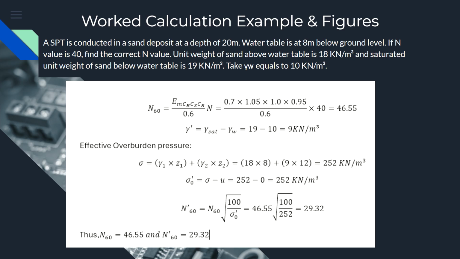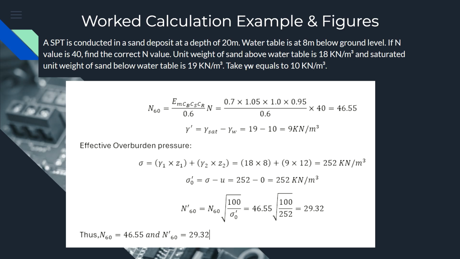So the SPT N value based on 60% hammer efficiency is equal to EM CB CS CR divided by 0.6 times the N, which is 46.55. Next, we want to calculate the adjusted effective SPT N value.